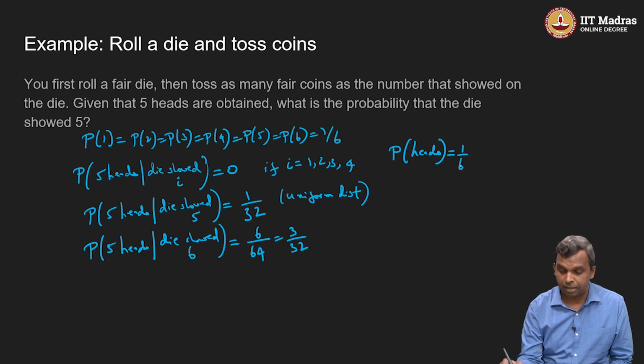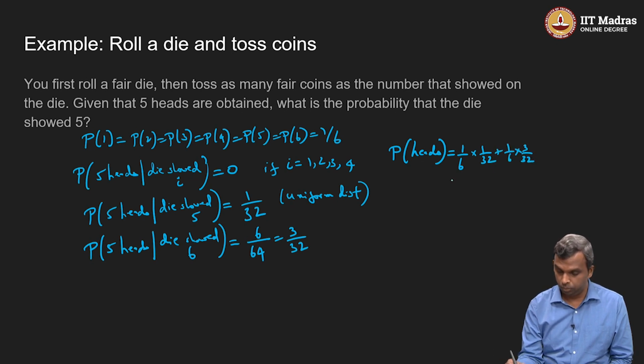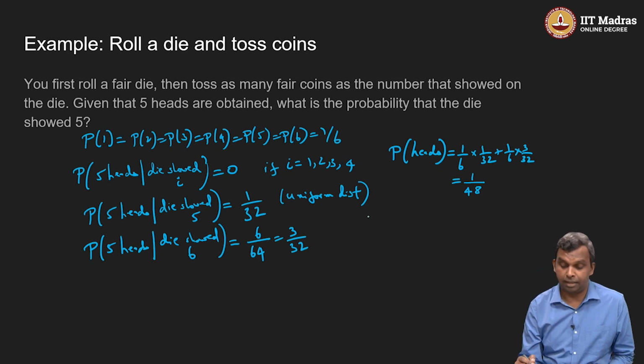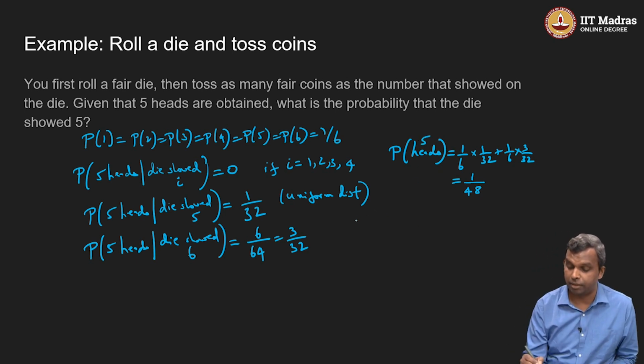So I have 1 by 6 times 1 by 32 plus 1 by 6 times 3 by 32. 32 times 6 is 192. You have 1 plus 3, which is 4, so 4 by 192, and that would be 1 by 48. So that is the probability of 5 heads.